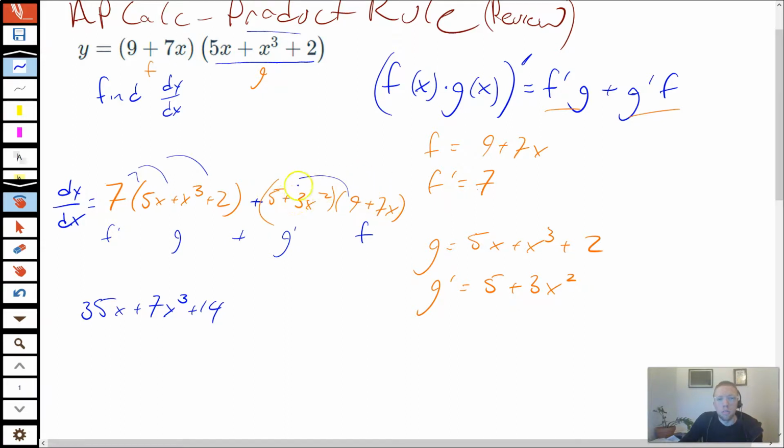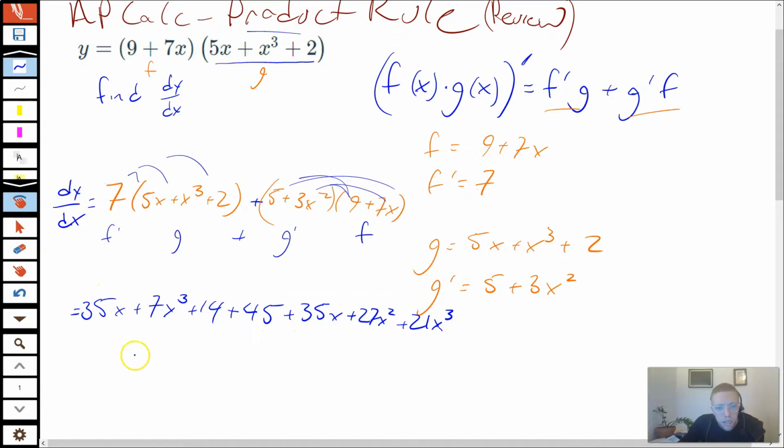So 5 times both of the second terms, and then 3x squared times both of the second terms here. So that gets me 45 plus 35x plus 27x squared plus 21x cubed.